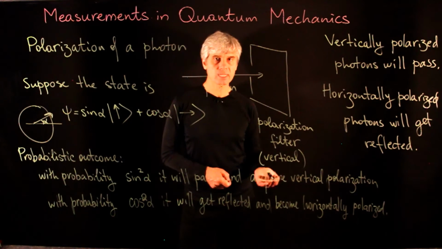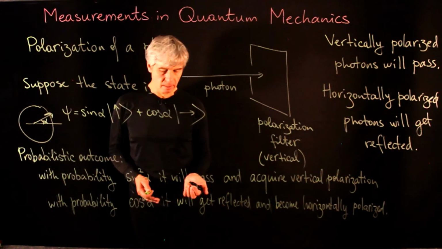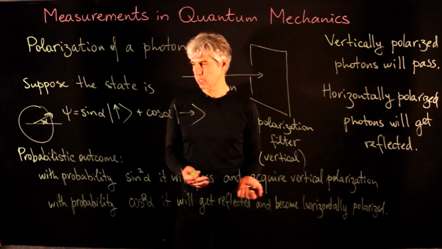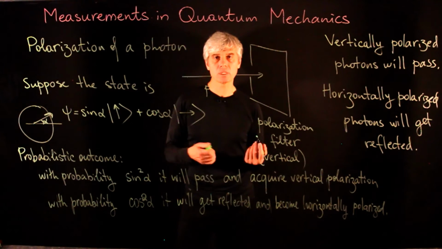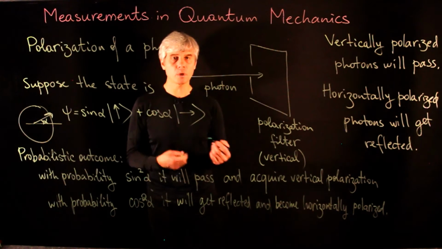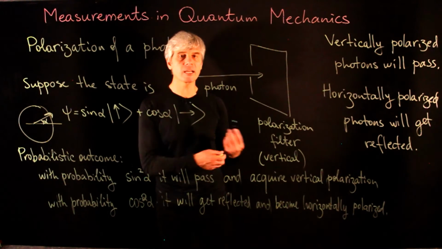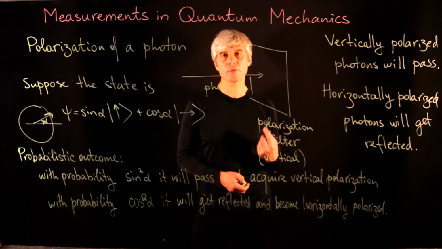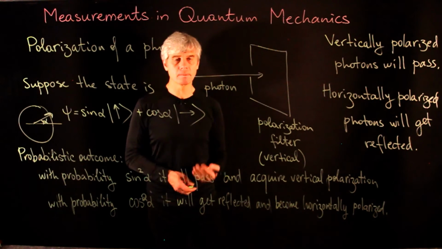And the second feature is that any measurement will change the state of our quantum system. So this means that when we perform a measurement on a quantum system, this is a violent act. We cannot perform the measurement without changing the state of the quantum system.